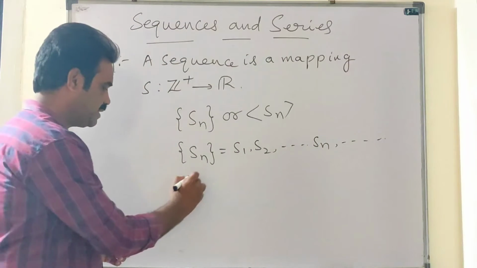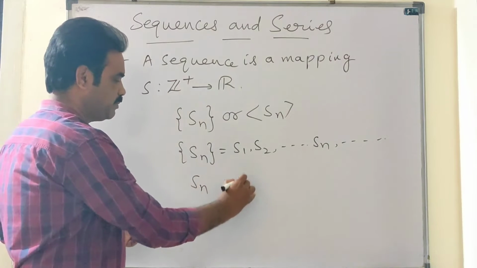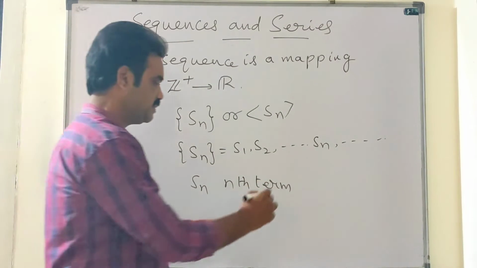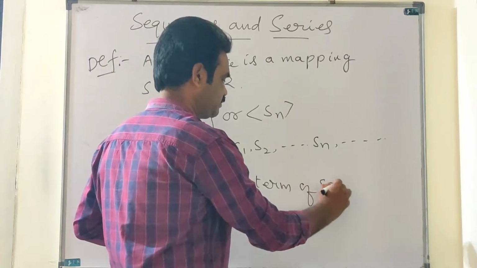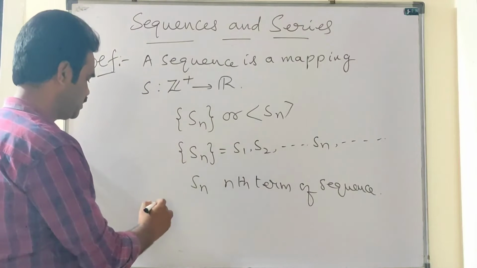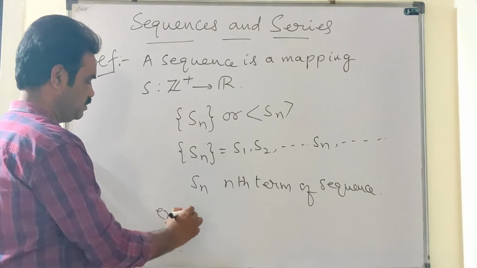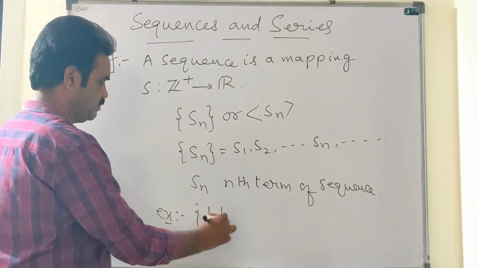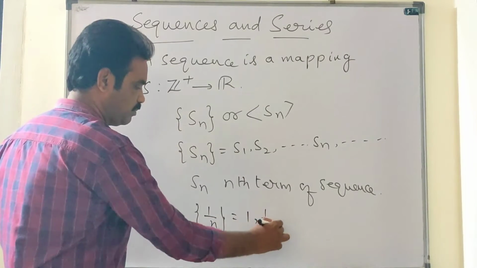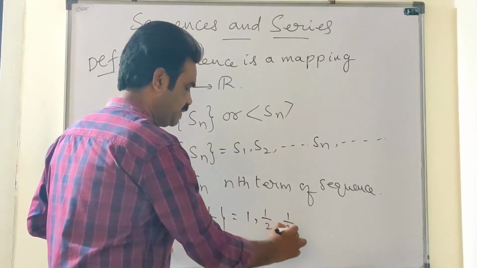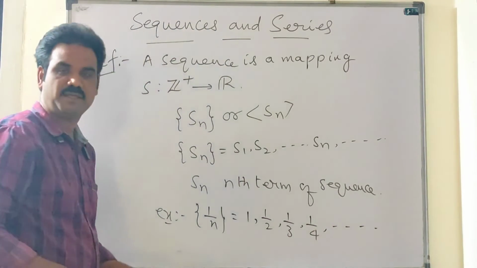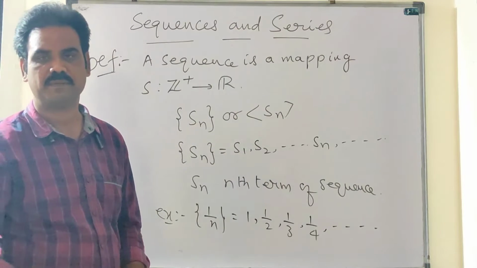Here Sn is called the nth term of the sequence. For example, 1 by n is a sequence. That is 1, 1 by 2, 1 by 3, 1 by 4 and so on. This is an example of a sequence.